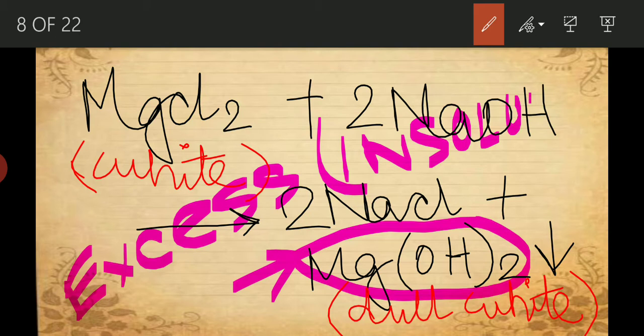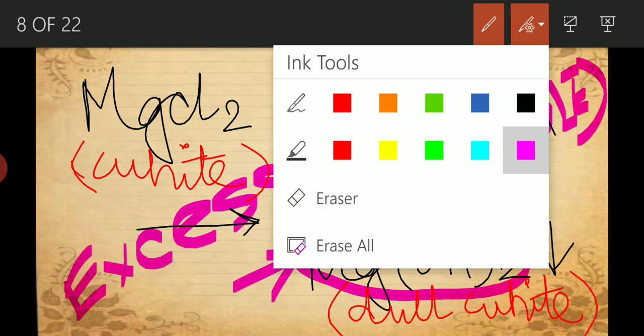So you need to remember that when magnesium chloride reacts with sodium hydroxide, it forms a dull white precipitate of magnesium hydroxide. And even if you add excess sodium hydroxide, it will still remain insoluble. Clear? I think it is clear.